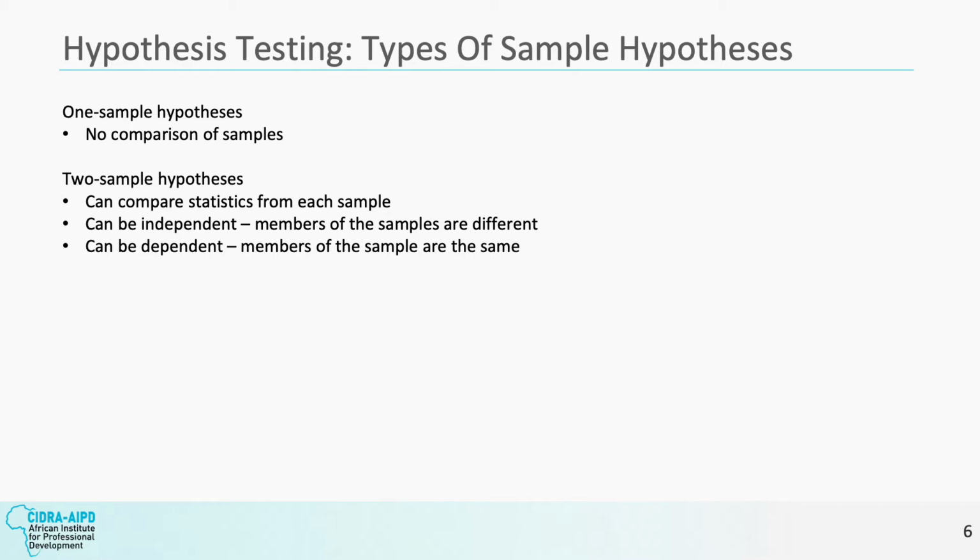The samples may have been taken pre- and post-experiment, or they may have been taken longitudinally. For example, are students of the 2020 AIPD graduating class taller or shorter than those of the 2021 graduating class?